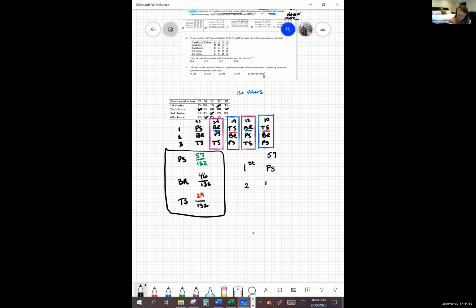Second choice was BR. Third is TS. But if we look at these 2 columns that are the same, that's 34 plus 12, that's 46. So 46 chose BR first, then PS, and then TS. And 29 did it this way. So TS, BR, PS. And so that should be our new table.